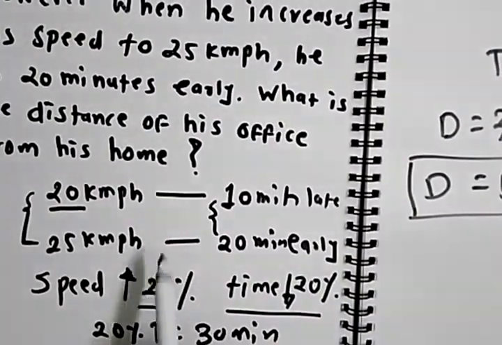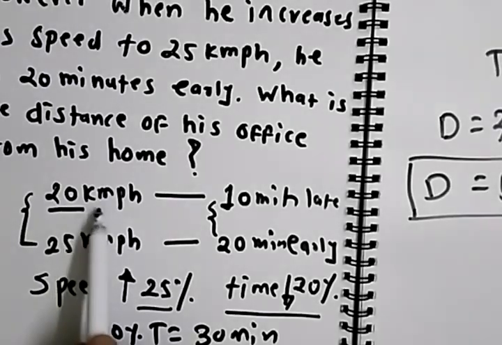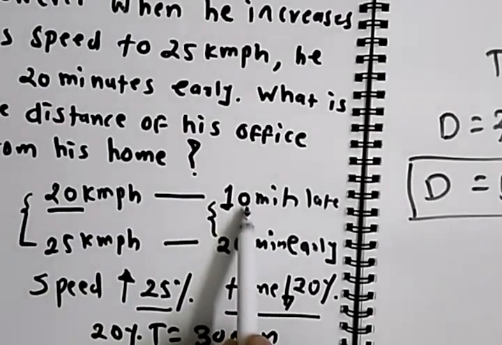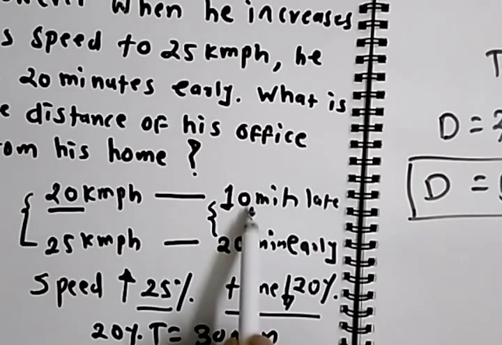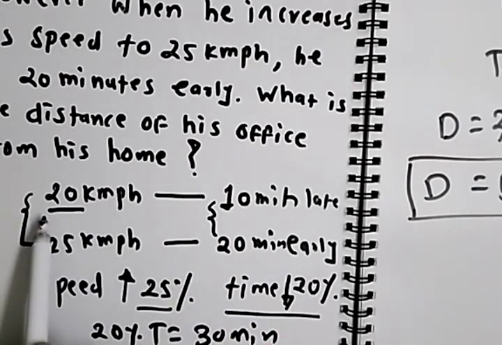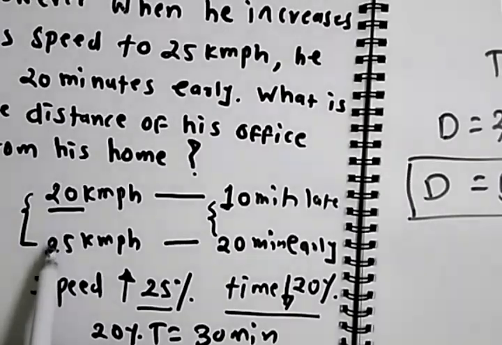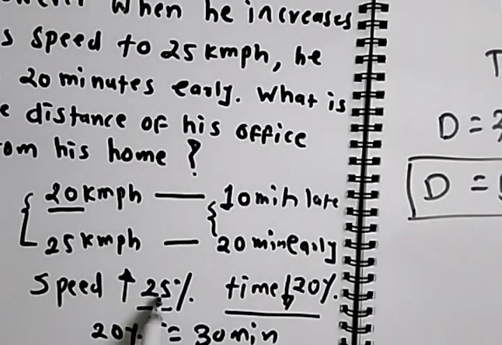So I'll repeat again. Original speed was 20 km per hour. He used to be 10 minutes late. That means if the office time was 11 a.m., he used to reach at 11:10. Now, when he has increased his speed from 20 to 25 km, that means by 25%, he is 20 minutes early.